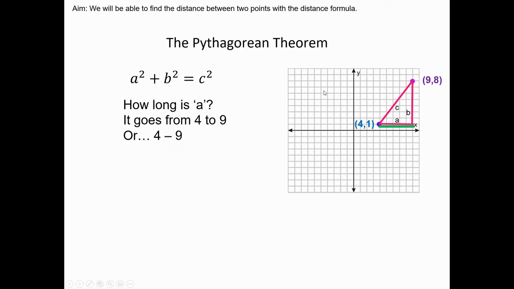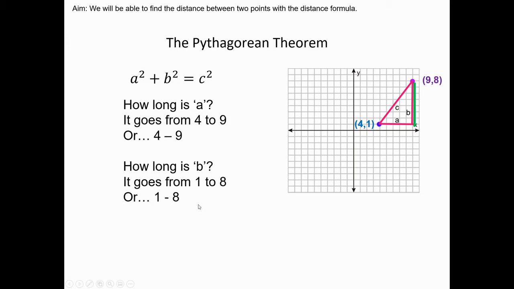Now, next, let's figure out how long B is, the height of the triangle. Well, it starts at 1 right here. So 1 and then 2, 3, 4, 5, 6, 7, 8. This length right here goes from 1 to 8, or 1 minus 8.